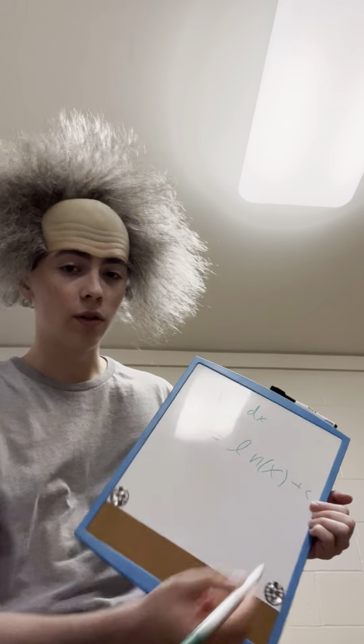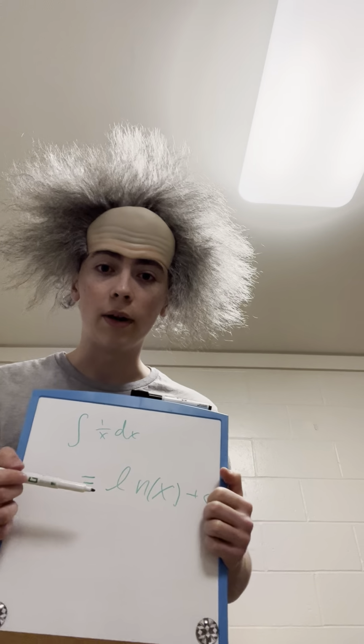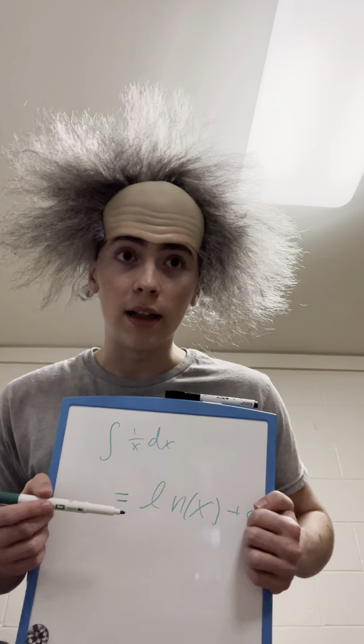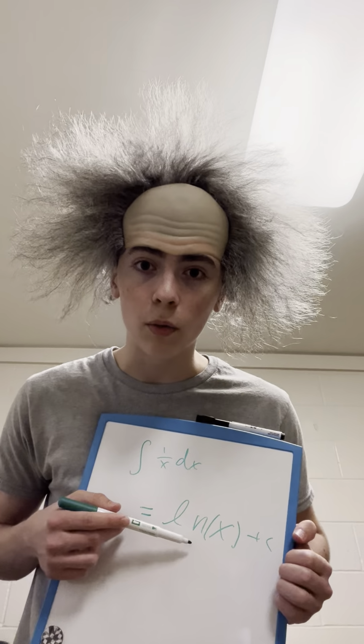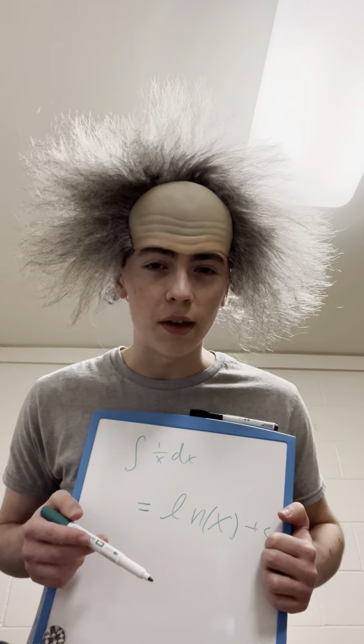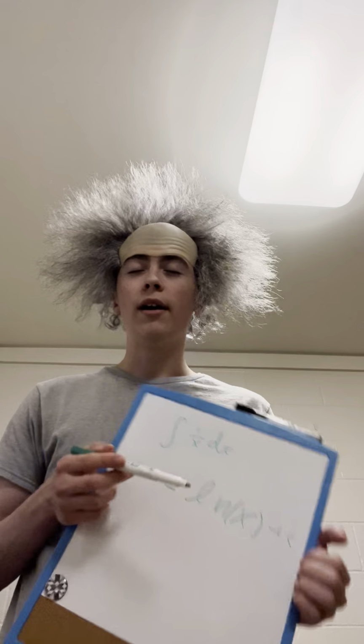This x is the argument of the natural log. The natural log, again, is the logarithm with base e, Euler's constant, about 2.718 or something like that. It's a perfect number in mathematics. I don't know if we had a video over this, but the derivative of e to the x is e to the x.